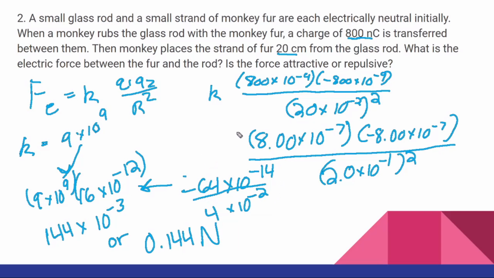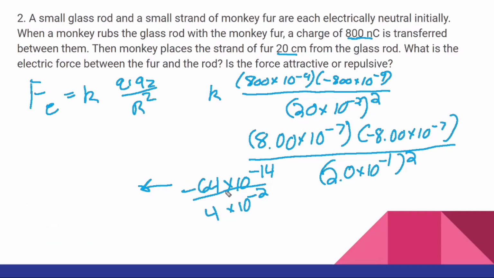Because the product of the two charges is negative, when we evaluate this, we end up with our answer being negative 16 times 10 to the negative 12. Now we have to multiply this with our constant. k is equal to 9 times 10 to the 9th.